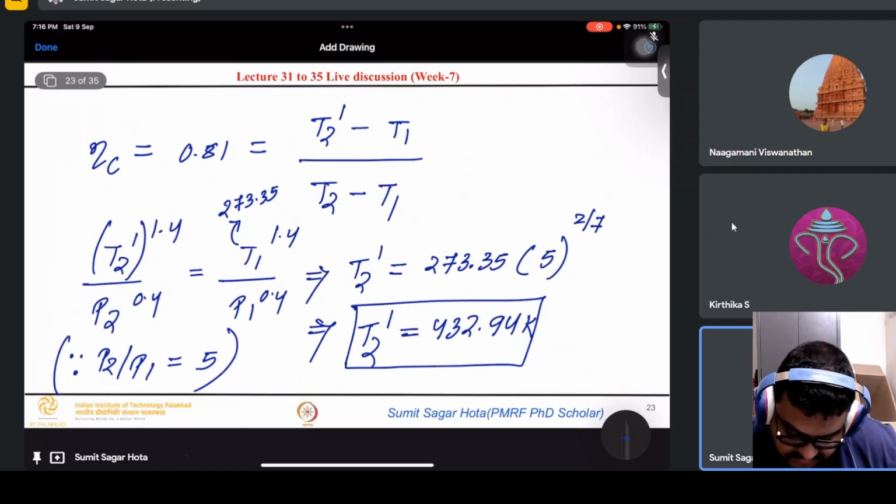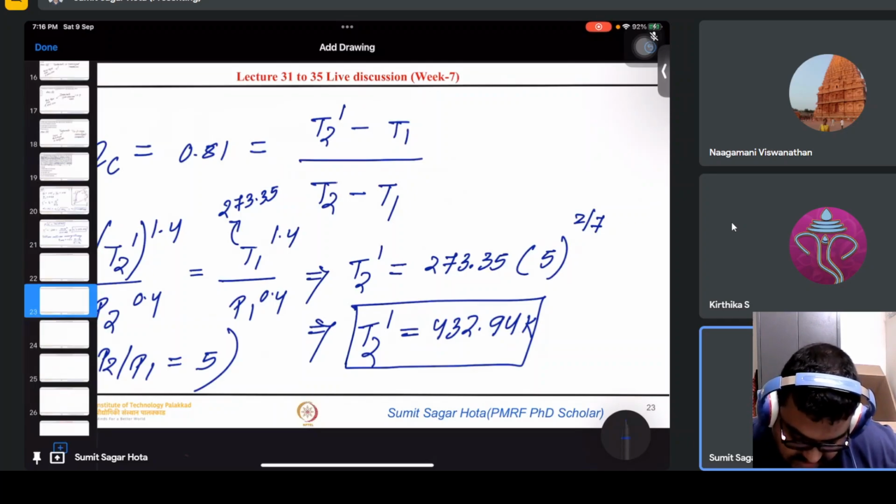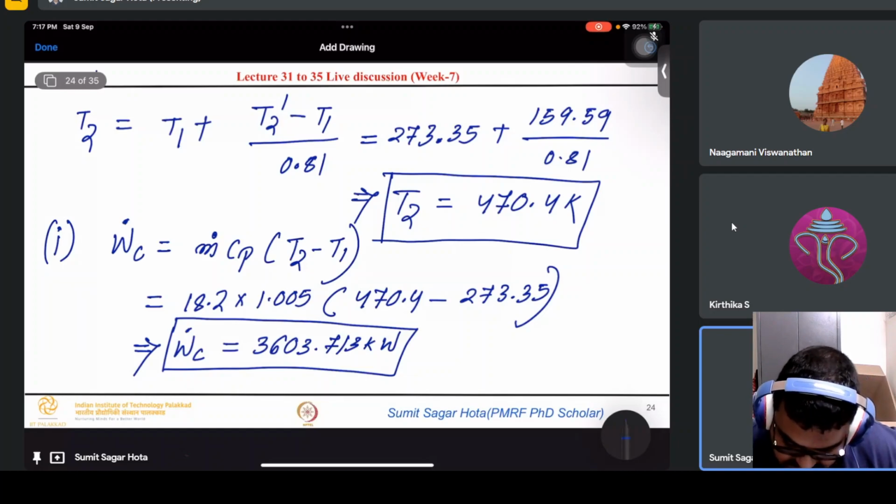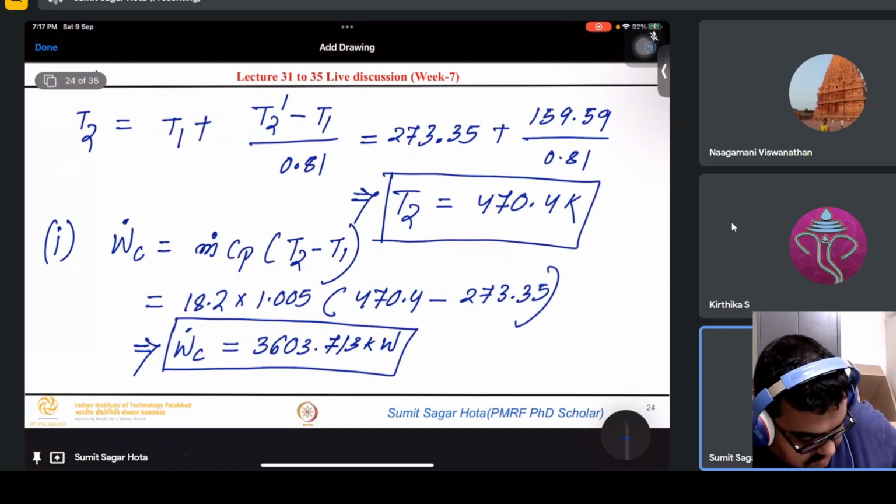Apply the temperature pressure formula, find out T2 dash, substitute in the isentropic efficiency of the compressor, find out T2. Now substitute in the formula of power input to the compressor, which is 3603.713 kilowatt. Okay, now one part is over.